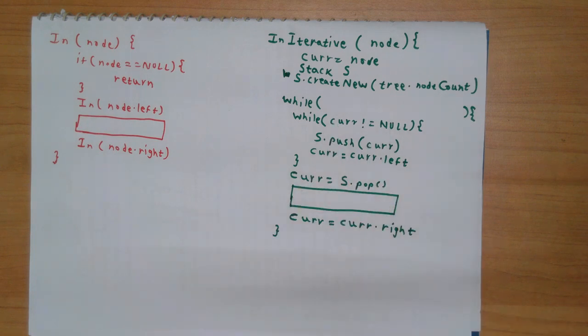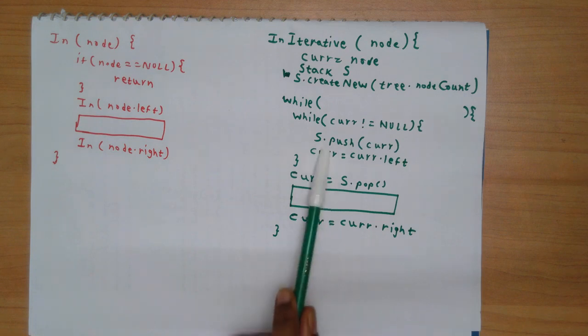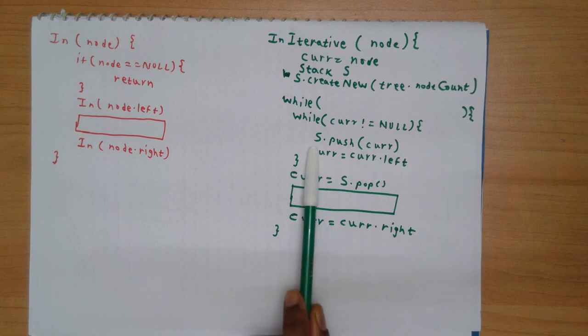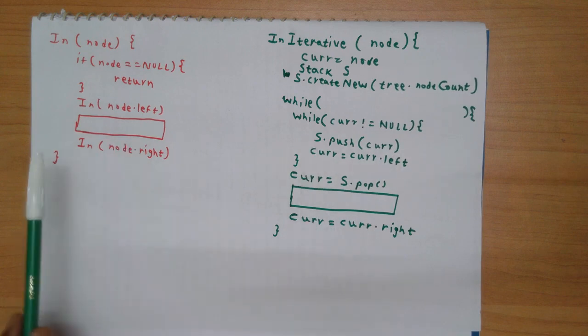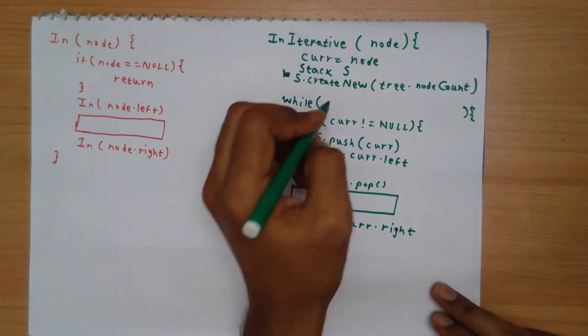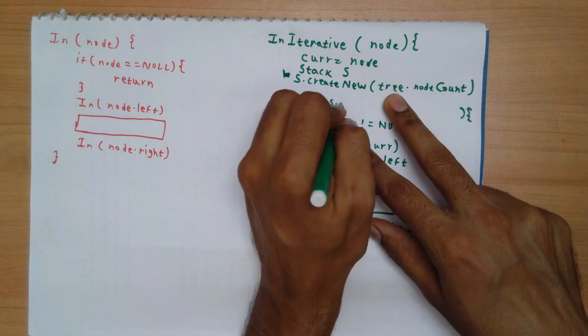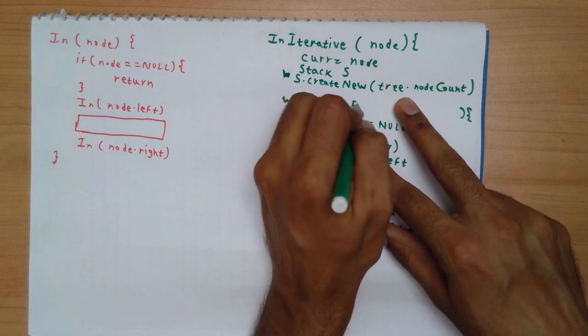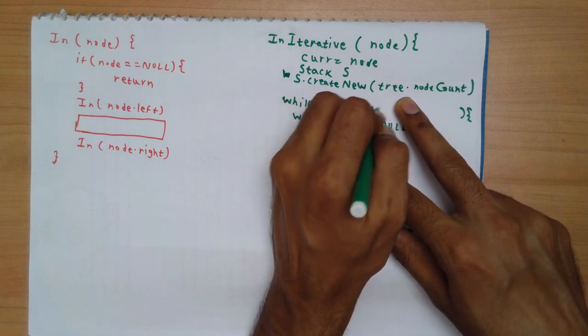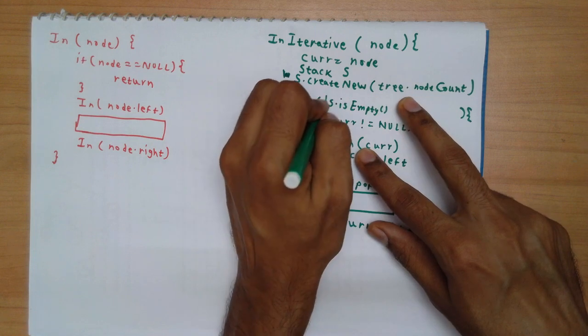How long should we loop? One thing is clear: when I am pushing these nodes onto the stack, it means that there is some node which is not yet processed. So I should do this while I check if s dot is empty, and I should negate it.